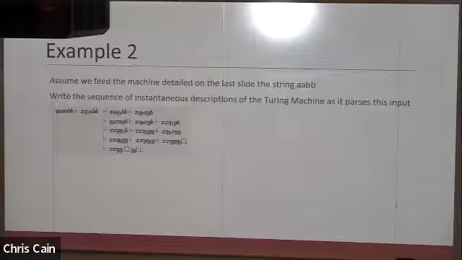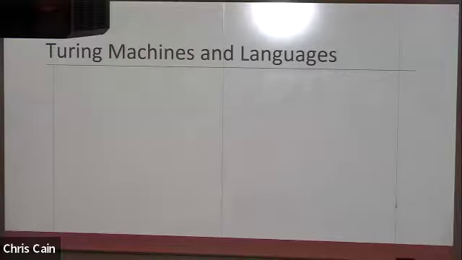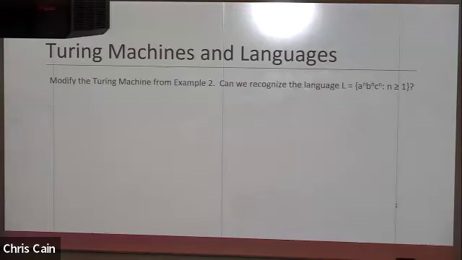The last couple of minutes, I can talk briefly about Turing machines as language acceptors. One thing that we may want to do is to attempt to use a Turing machine to recognize a language that we proved was not context-free. I answer my own questions very frequently in here.